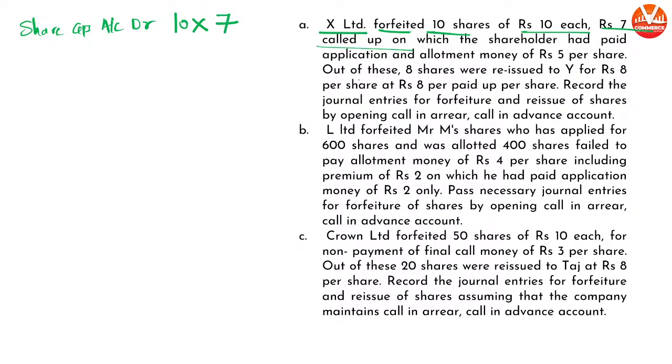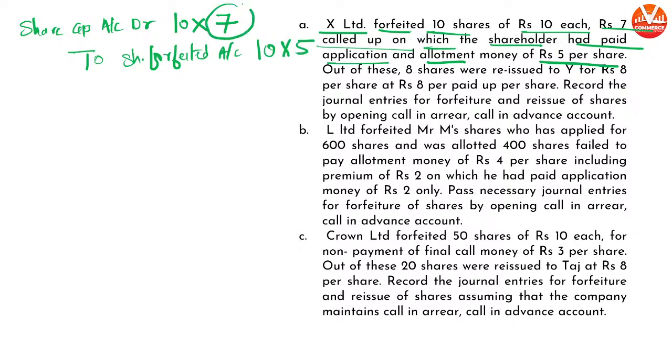So 10 shares multiplied by 7. On which the shareholder had paid application and allotment of 5. So we have received, it will be credited to share forfeiture account, 10 into 5.